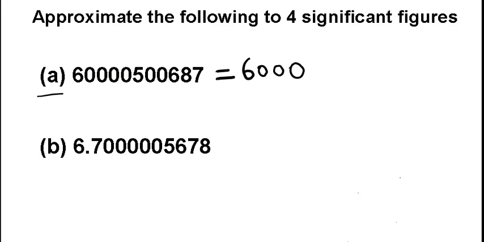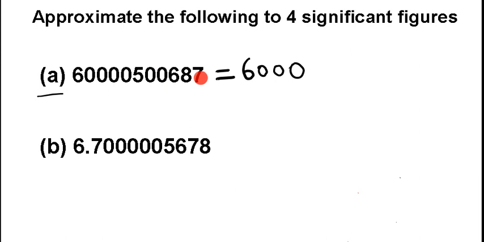This 0 is not up to 5, so you cannot round up. But what you have to do is not to write 0 throughout. And why are you not writing zeros throughout?